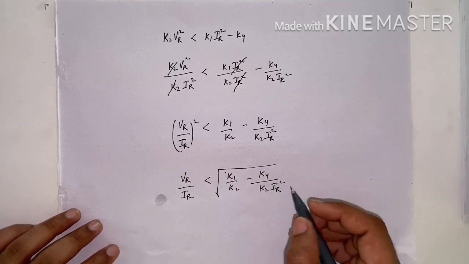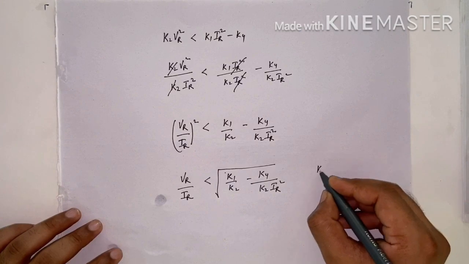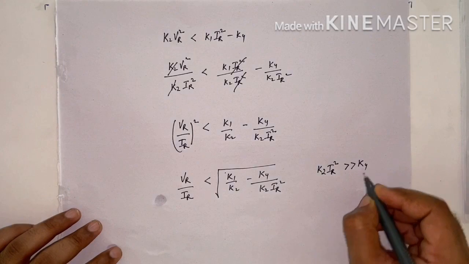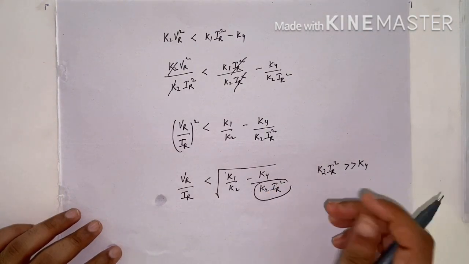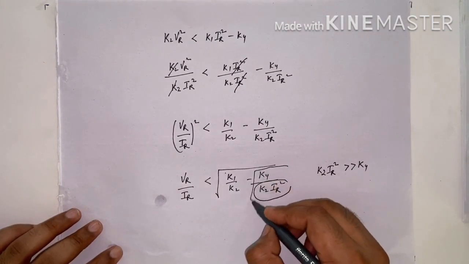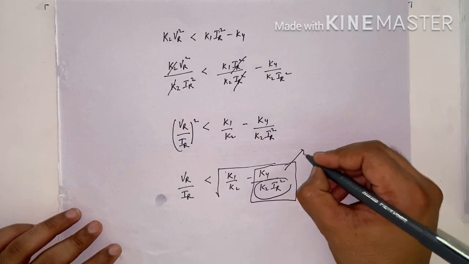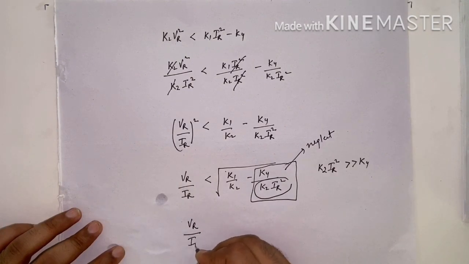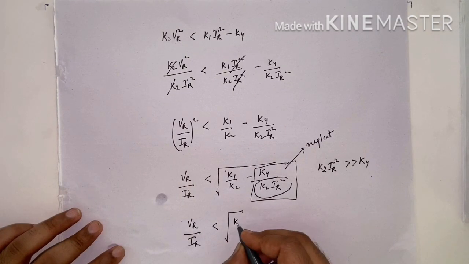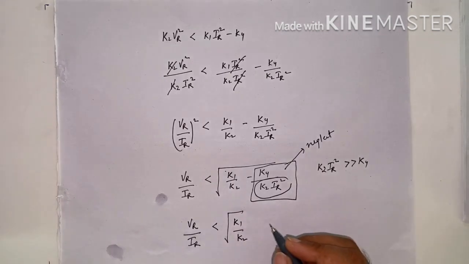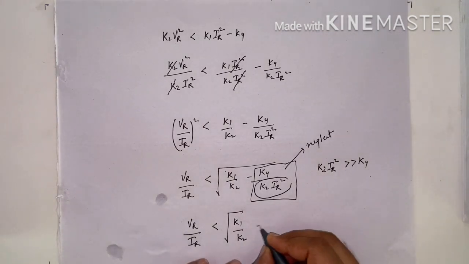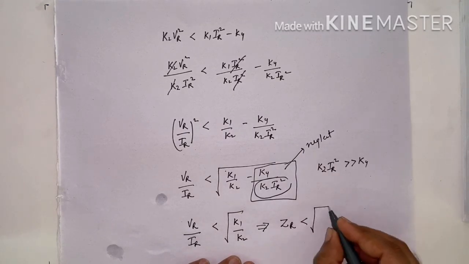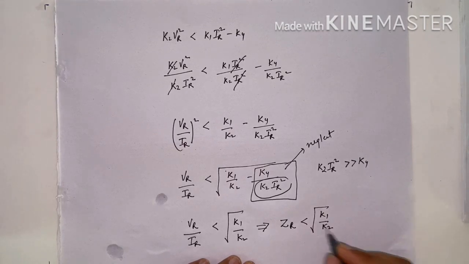Now the value of k2 I_R² is much greater than k4, so we will neglect this term. We get V_R/I_R < √(k1/k2). Now V_R/I_R is called the impedance. This is the relay impedance, which equals √(k1/k2).